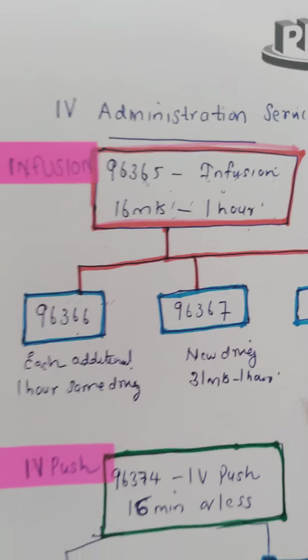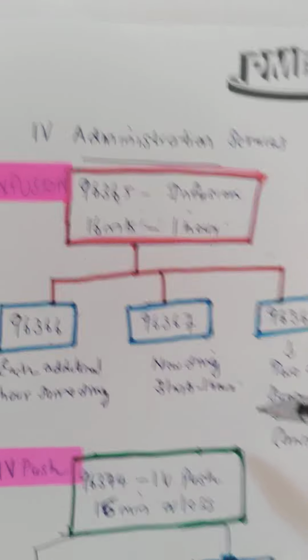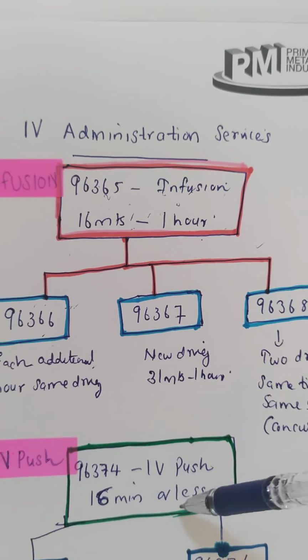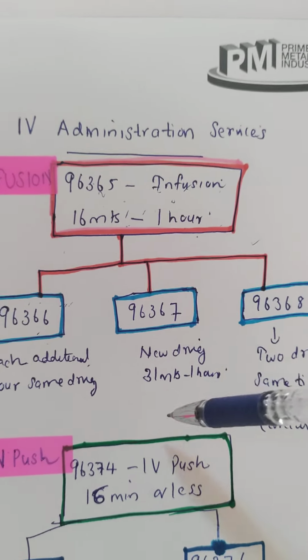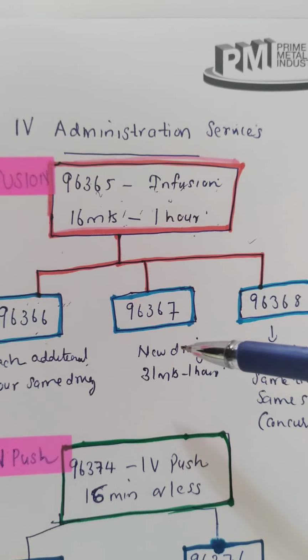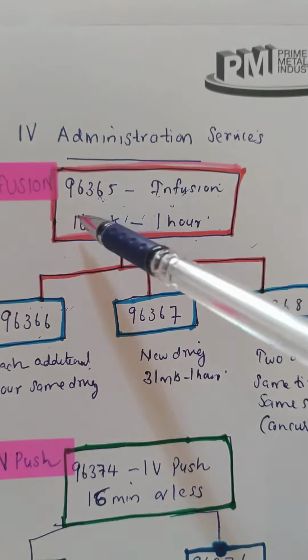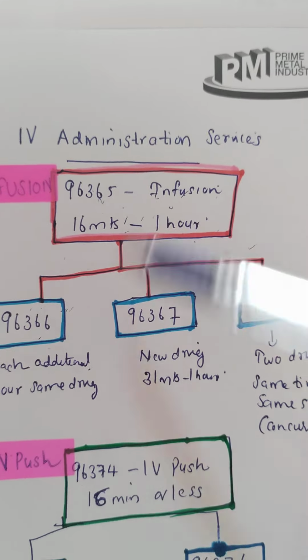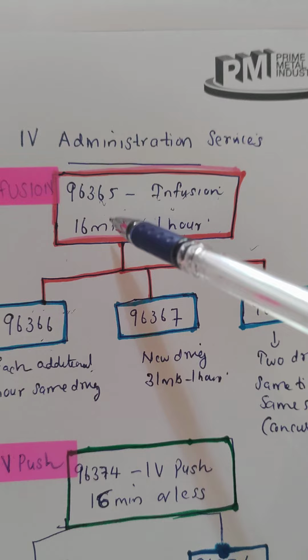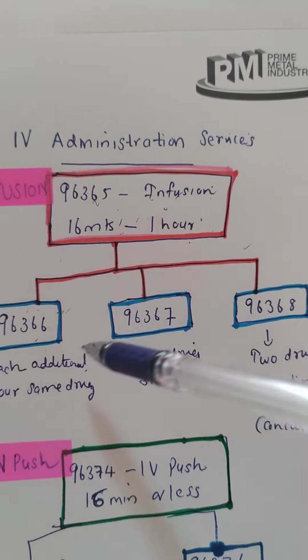Moving on to the IV push code. For example, if the nurse administers the parafusive for only 15 minutes, then we cannot put the infusion code, because the minimum requirement time is 16 minutes.